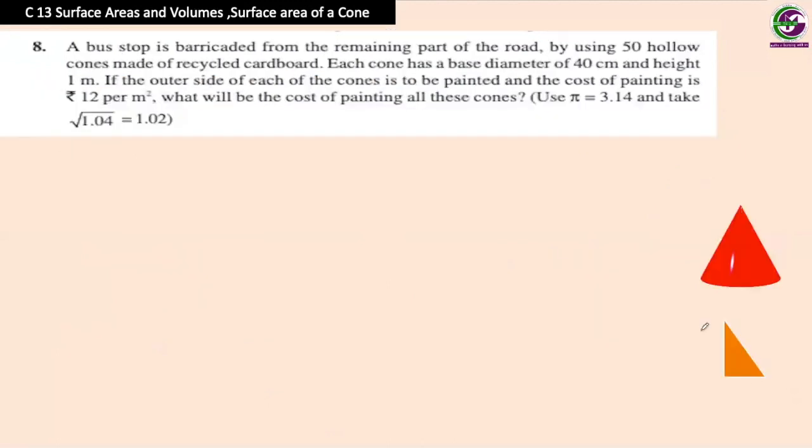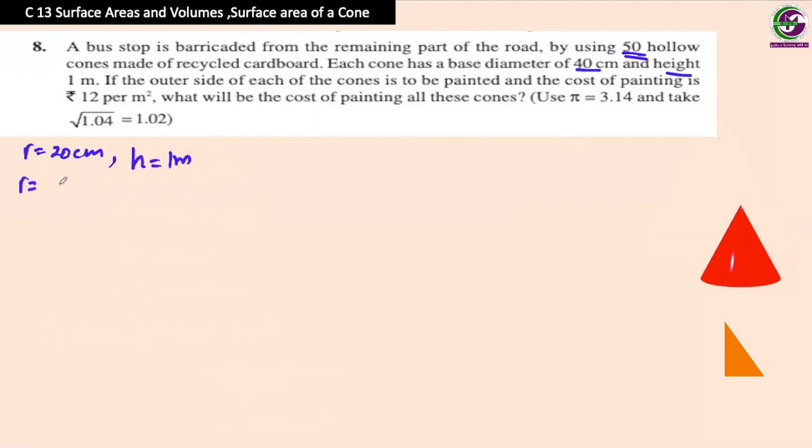Now to the last question of this exercise. A bus stop is barricaded from the remaining part of the road by using 50 hollow cones made of recycled cardboard. Each cone has a base diameter of 40, so radius is 20 centimeters. And the height, we are not given slant height, only height is 1 meter.